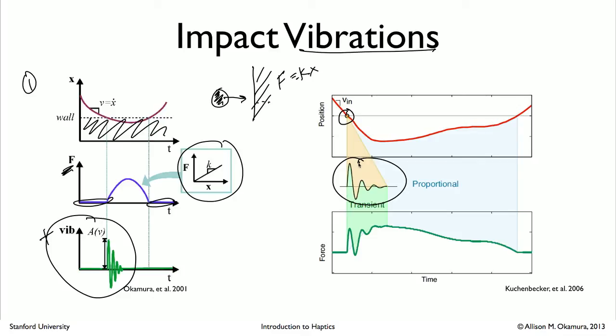You also have this transient, which when you add that on to the nominal force, gives you a little bit of vibrations upon entry to the wall, but those quickly die out, and then the rest of the time it just feels like a spring. And this should make a virtual wall feel much more crisp than a motor would be able to normally provide if you were just trying to increase K in order to make a stiffer virtual wall.